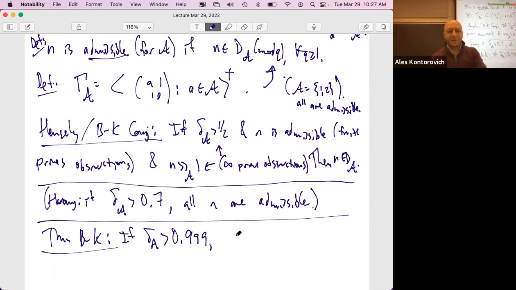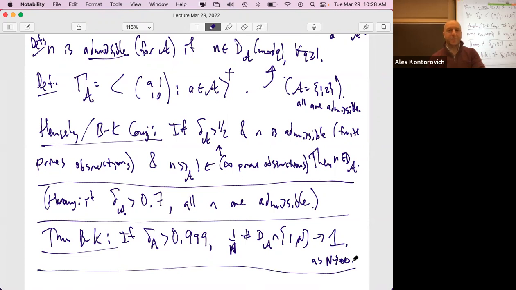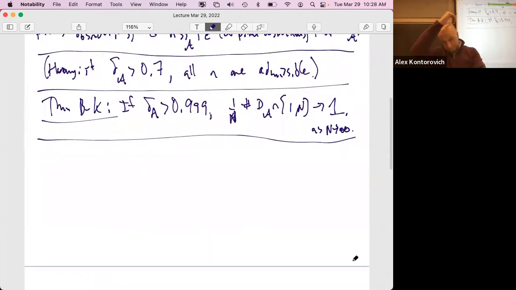If the dimension is sufficiently large, then the number of elements of D up to n, relative to n, is 100% as n goes to infinity. Which was the best that had been done by a long shot. Right, not even positive proportion was known at the time.